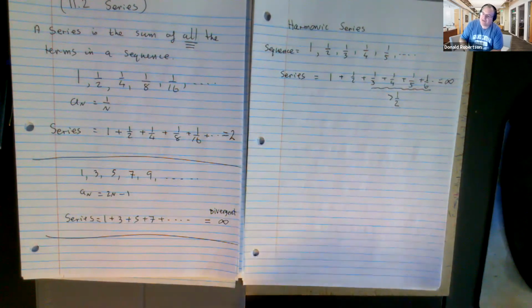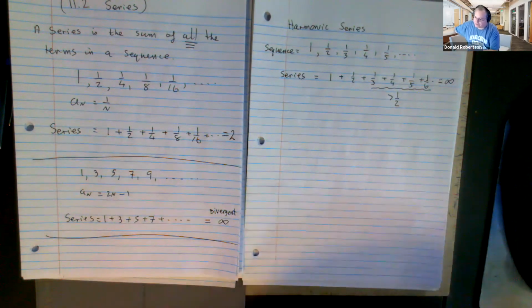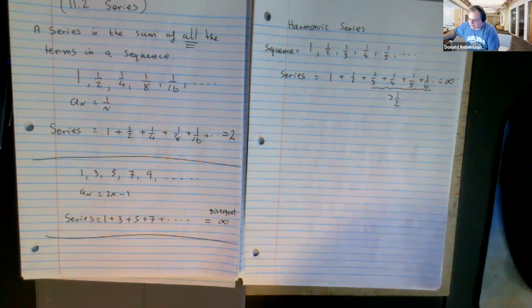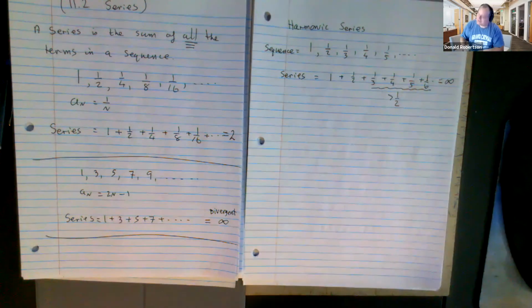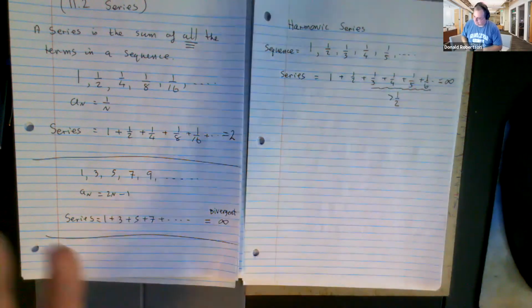If you then take the next 8 terms, starting at a 7th and finishing at a 16th, they also add up to a fraction that's bigger than a half. Then the next 16 terms add up to a fraction that's bigger than a half. The next 32 terms, well, because you're playing with infinity, can't you keep doing that forever?